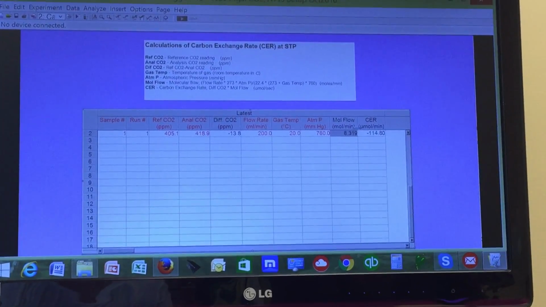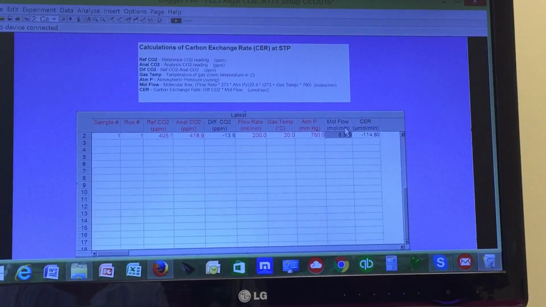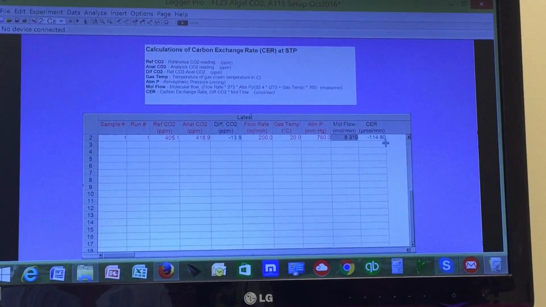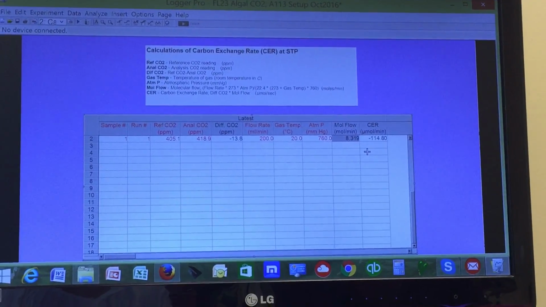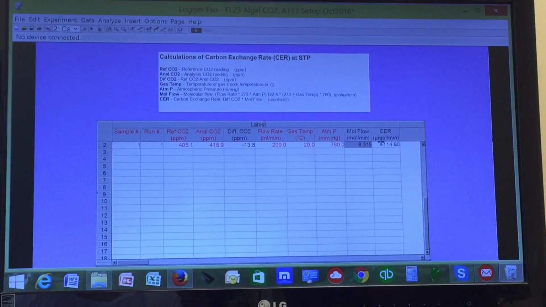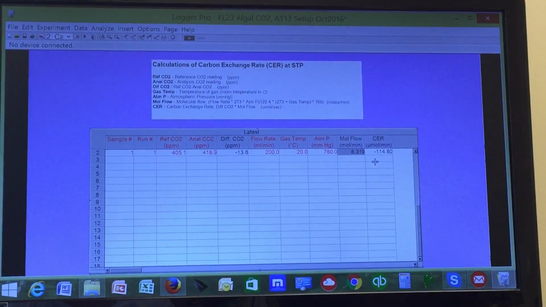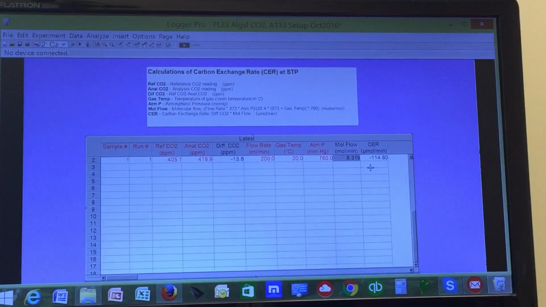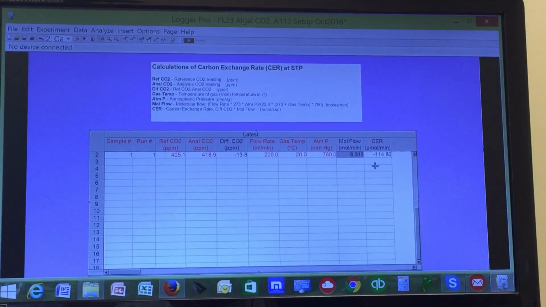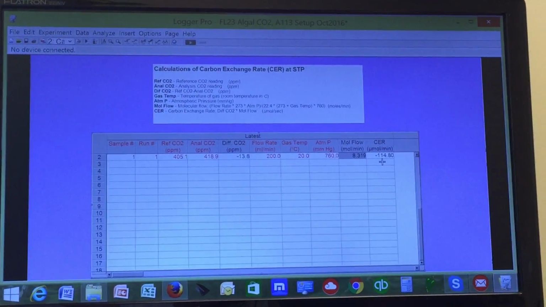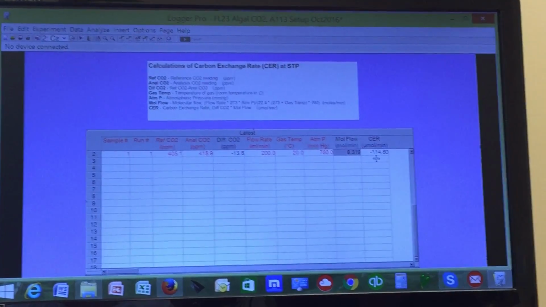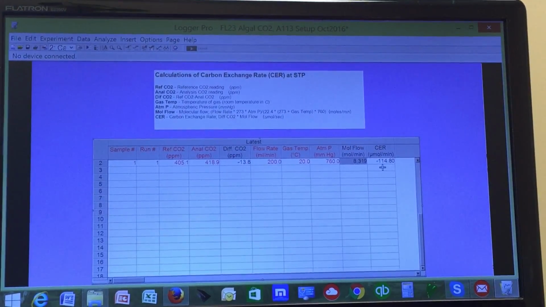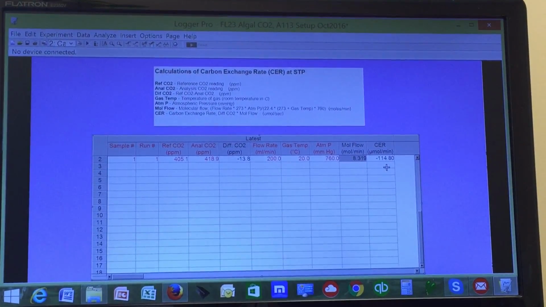And that allows the calculations of the molecular flow and then carbon exchange rate. The carbon exchange rate, it's in micromoles of CO2 per minute. If you do take subsample of your culture and extract chlorophyll, you can then divide this by your milligrams of chlorophyll in your culture and get your carbon exchange rate in micromoles per minute per milligram of chlorophyll.